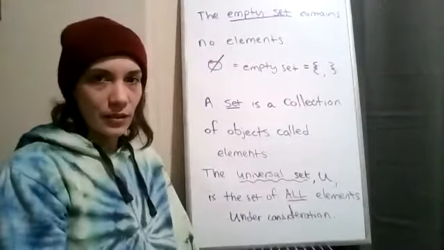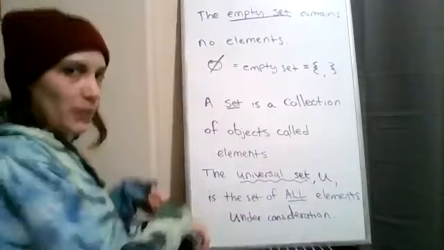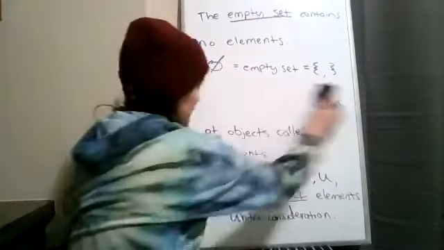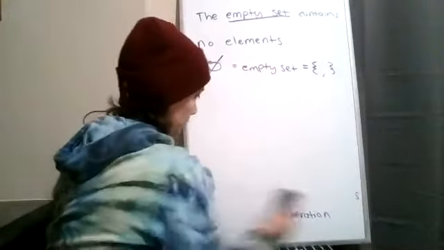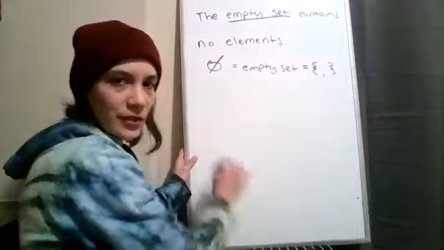Let's draw a picture. So let's draw a universe. It's going to be a Venn diagram, and we like to make the universe a square.